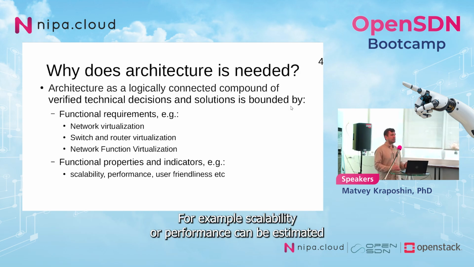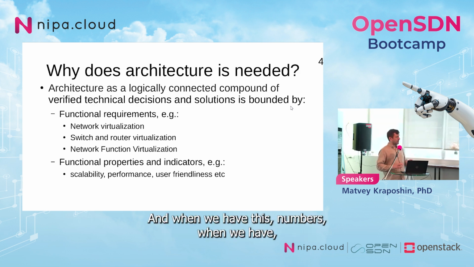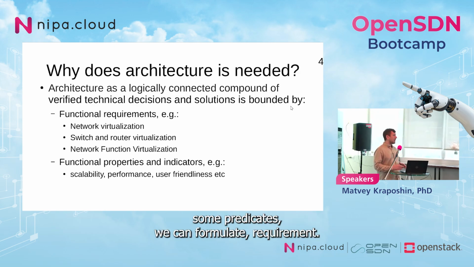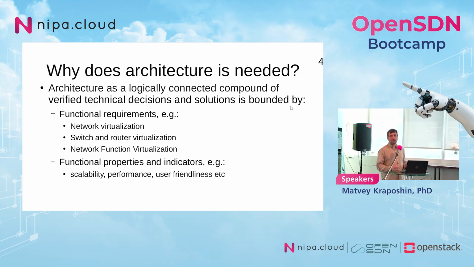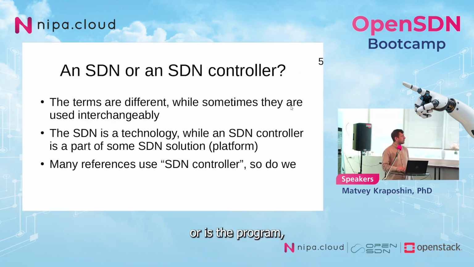For example, scalability or performance can be estimated in throughput, in parallel quality, and so on. And when we have these numbers, when we have some predicates, we can formulate a requirement, and from this requirement arises the architecture of a program, or SDN program.